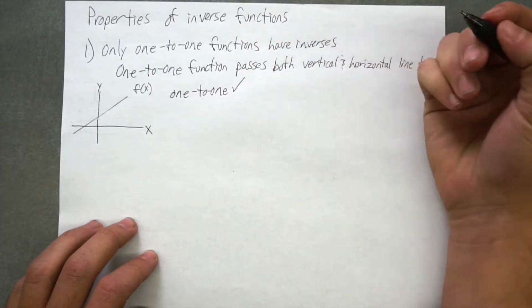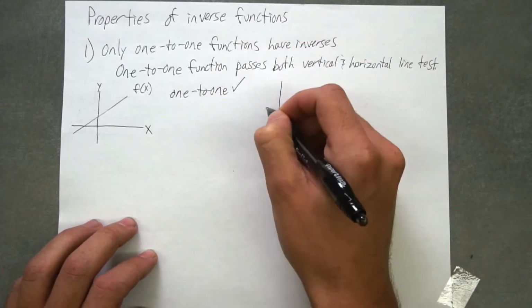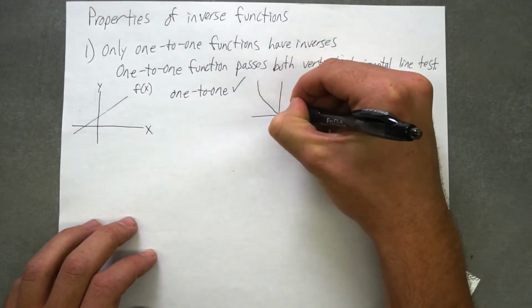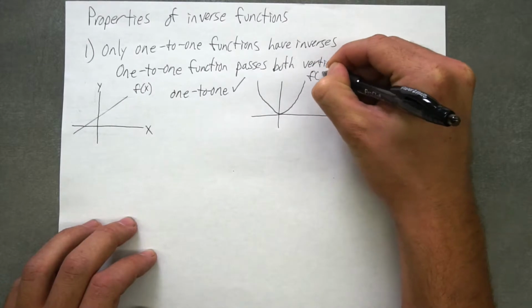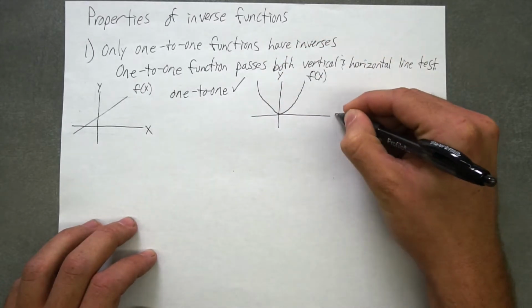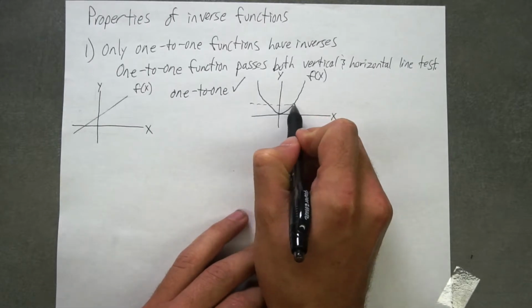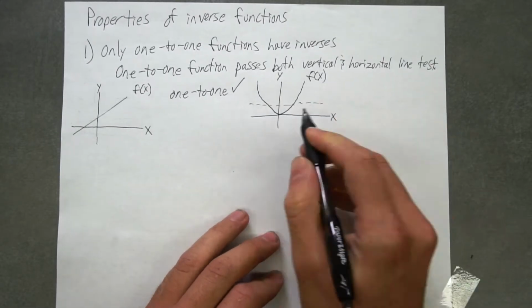An example of something that's not a one-to-one function would be something like a parabola. So if this is our f of x on our xy plane, then we can see that this horizontal line test does not pass.